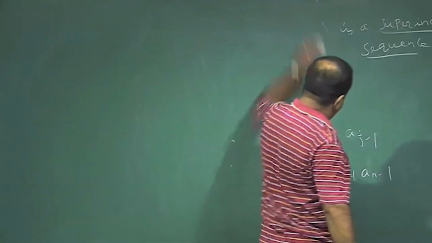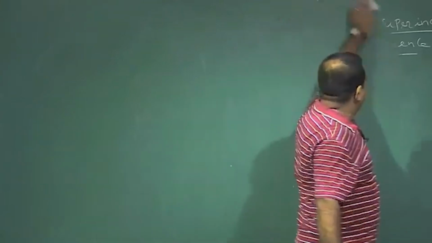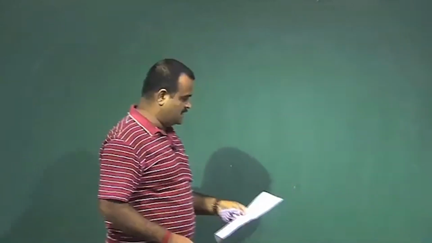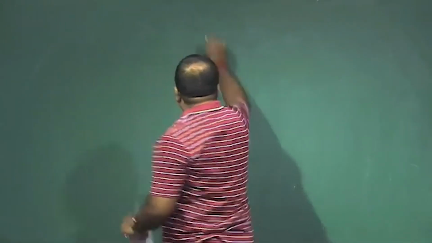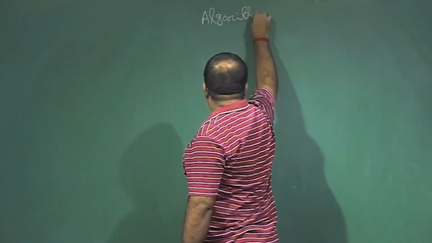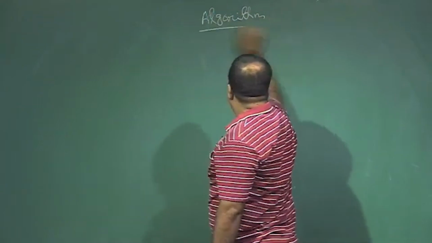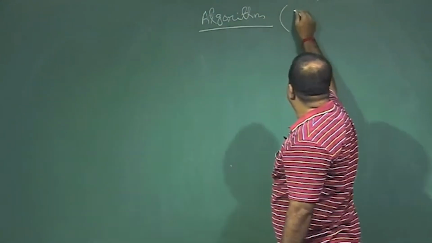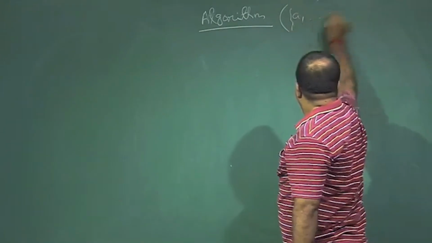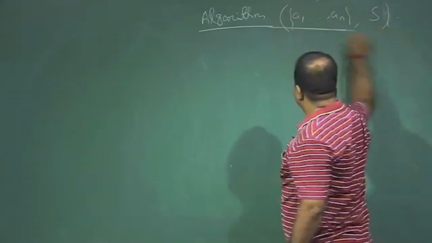Let us write that algorithm, where we take a super increasing sequence and a target S, and we need to get the subset whose sum is S. The input is the super increasing sequence A1, A2, up to An, and a target sum S.